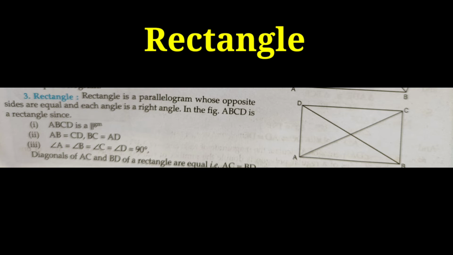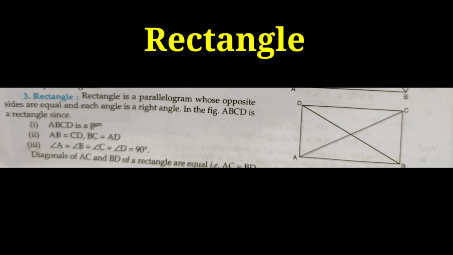Then we are coming to the rectangle. A rectangle is a parallelogram whose opposite sides are equal and each angle is a right angle. In the figure, ABCD is a rectangle. Since ABCD is a parallelogram, number 1, number 2, AB equals CD, BC equals AD.